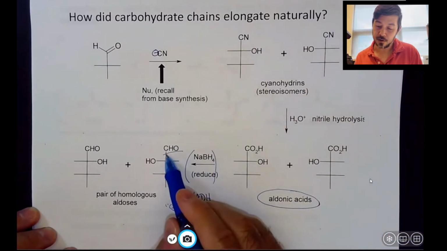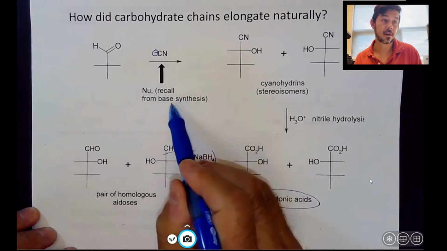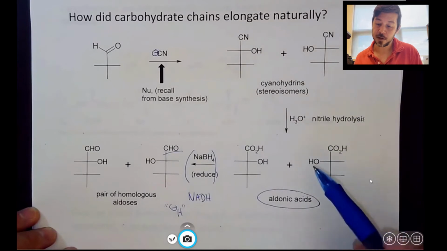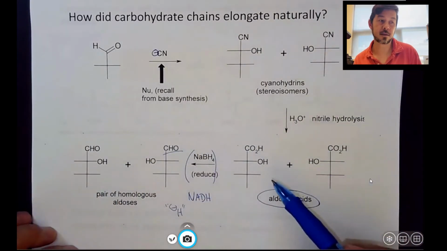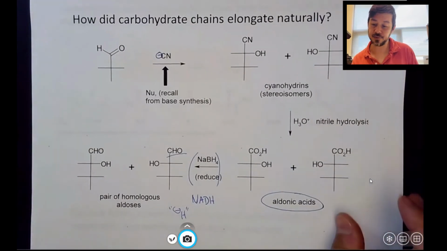And then from here, you could recycle and go over this again. So you can now go from a 4-carbon species, add additional carbons to generate 5-carbon species, and so forth. So perhaps some type of mechanism like this was a way to generate complex sugars prebiotically.